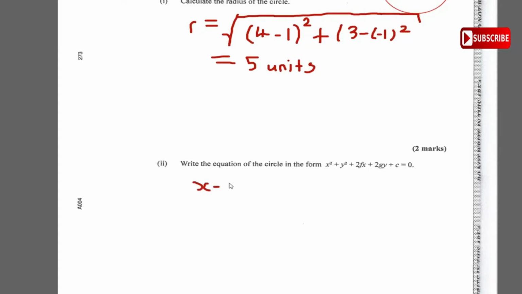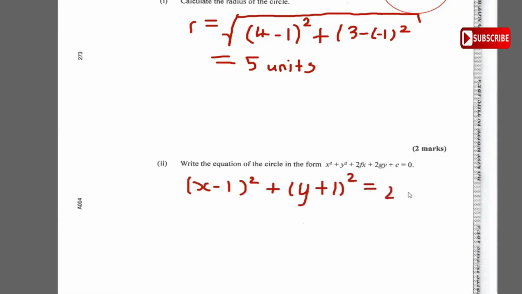So that is (x minus 1) squared plus (y minus (-1)), which becomes (y plus 1) squared, and it's equal to r squared, which is 25.